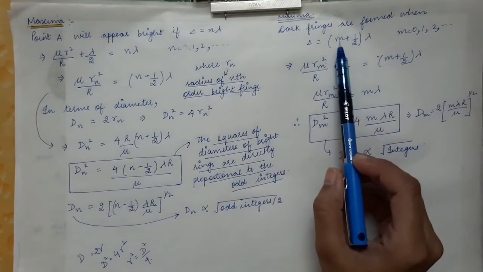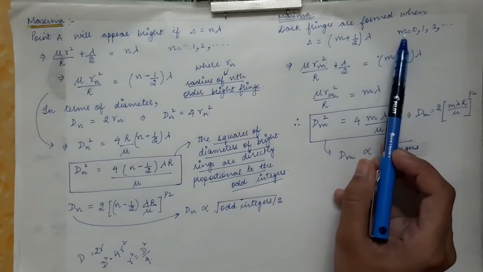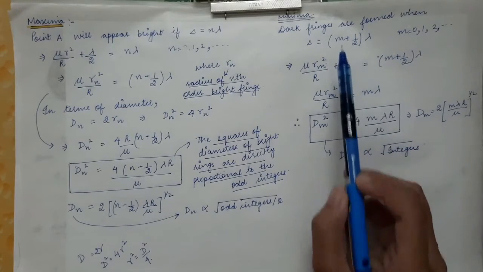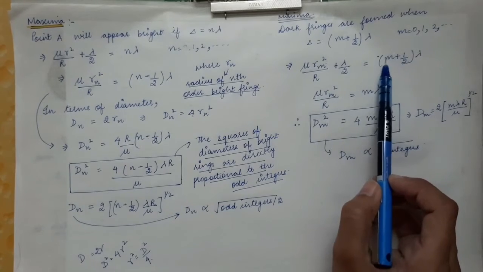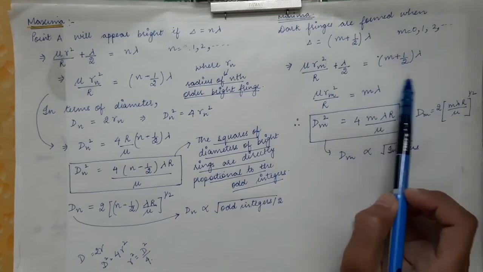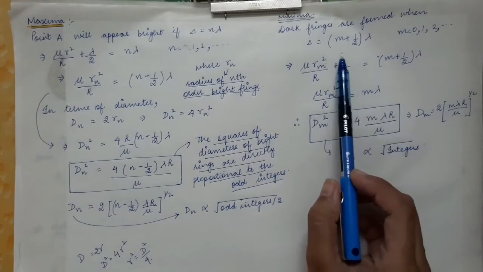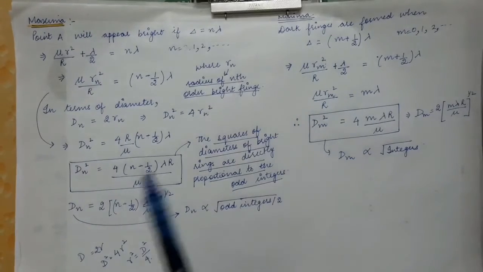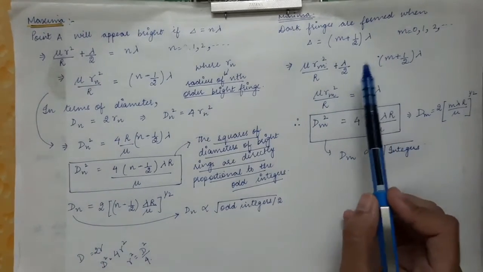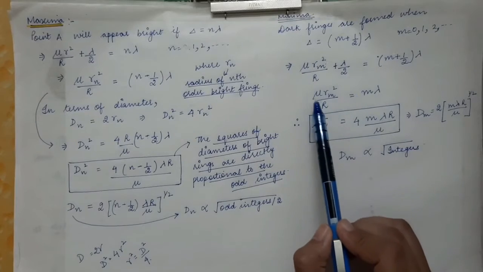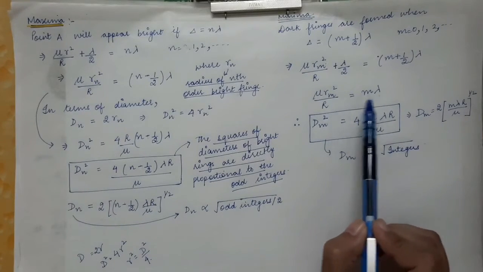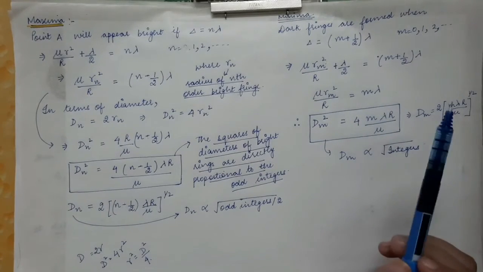Now over here the minimum value of m, m equal to 0, is possible in this case, because when you put m equal to 0, you get a positive term on the right hand side, and we also have positive terms on the left hand side. On simplifying this expression, you will get μRm² by capital R is equal to mλ.